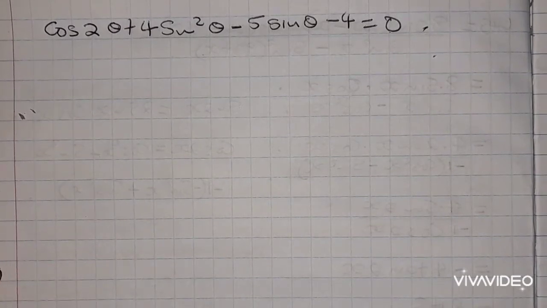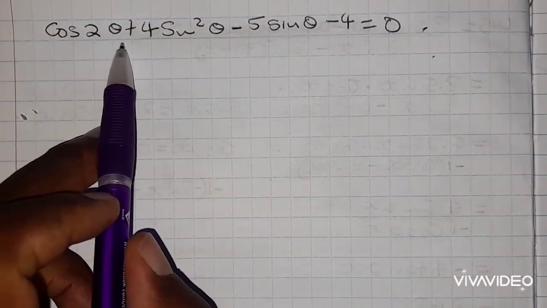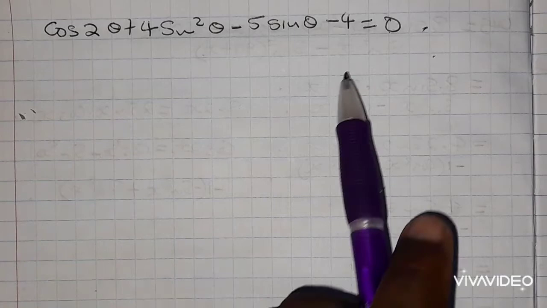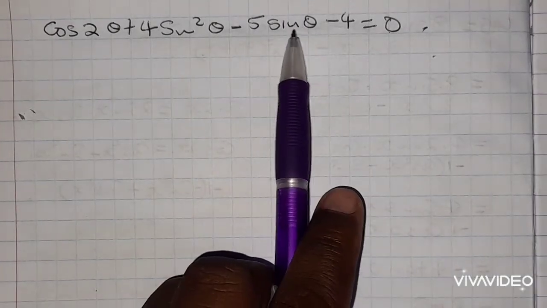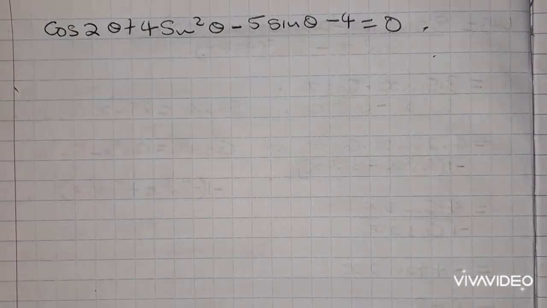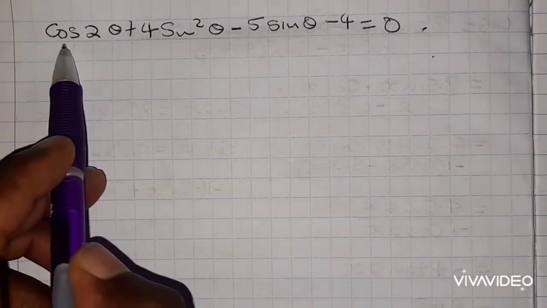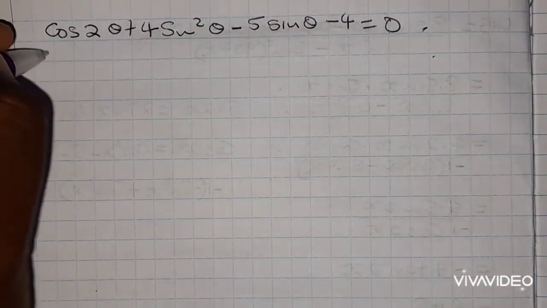Our first step here is to deal with this cos 2 theta. I want you to notice that we have got sine, we have sine, and then we have cos. And the expansion of cos 2 theta, you know, it has 3 different expansions, and one of them has got sine. So for uniformity, we replace this with the expansion that has sine.